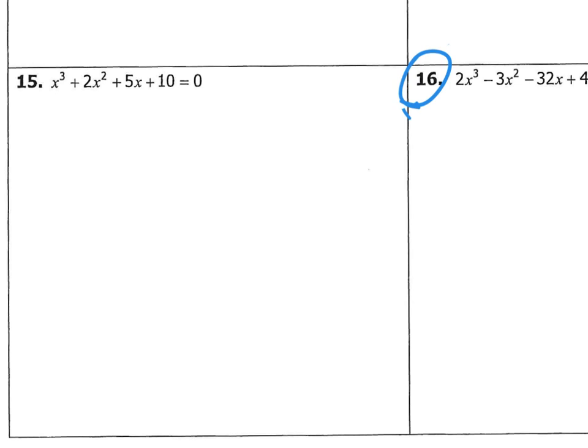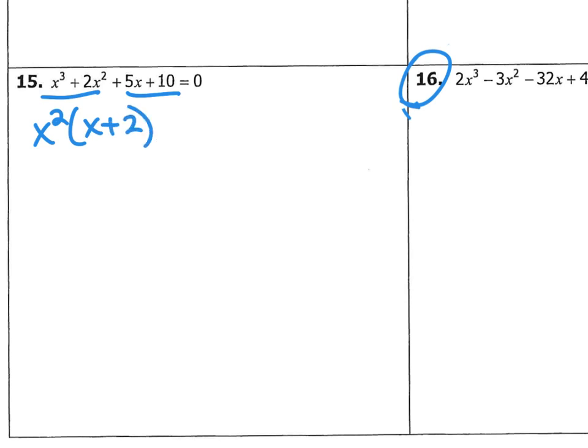Okay, number 15, let's look at how we can factor that. So factoring by grouping, anytime you have 4 terms, you have to use grouping. You should always look for a GCF first, which this doesn't have one. So then I'm going to look for what happens with these 2 groups. So x to the third and 2x squared, they do have something in common, and it's x squared. So I'm going to take x squared out, and I'm going to have x plus 2.